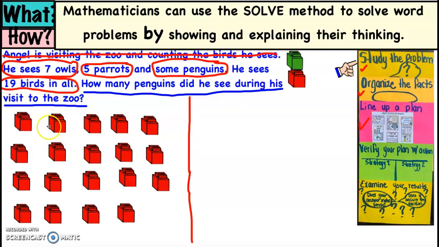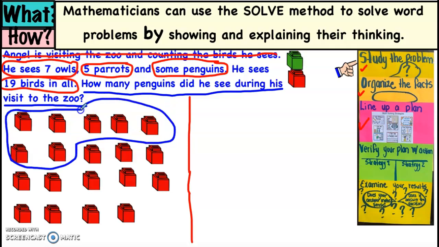So now we already have the total of 19 birds, but then he says that he sees 7 owls. So 7 out of those 19 birds needs to be owls. So I'm going to circle 7. So these are my owls. I'm going to put an O for that, so that I'm going to label it so that I don't get confused. And then he says that he sees 5 parrots.